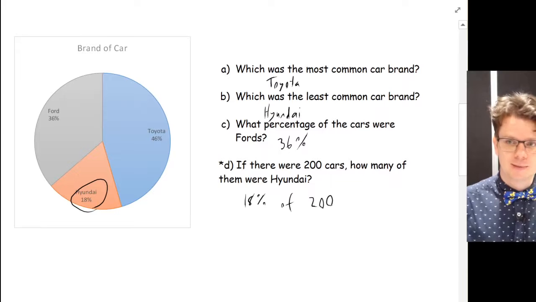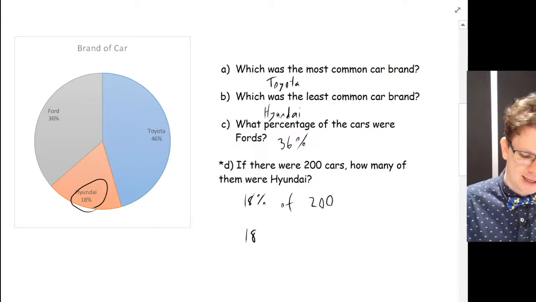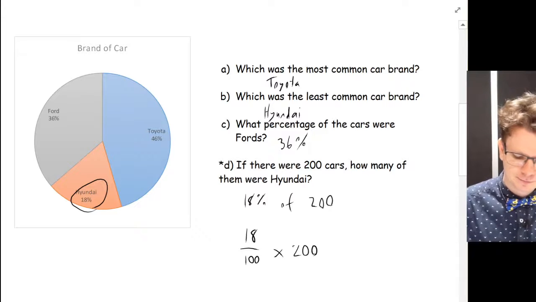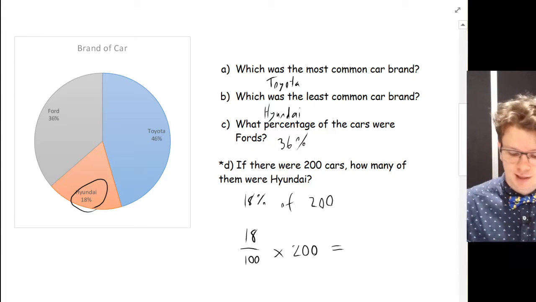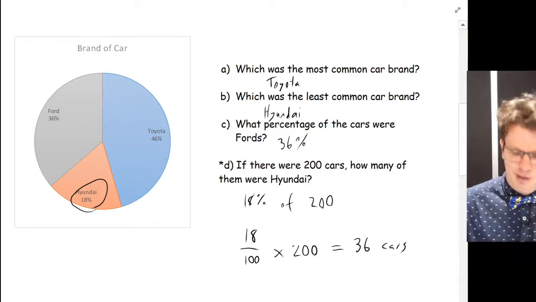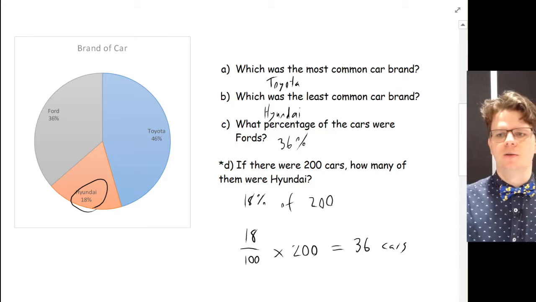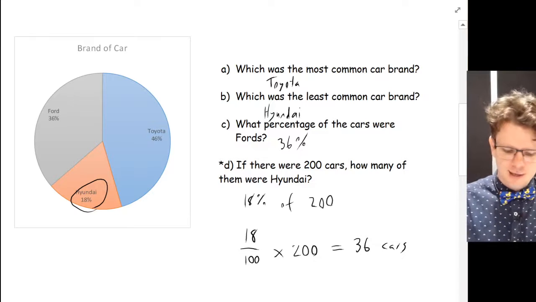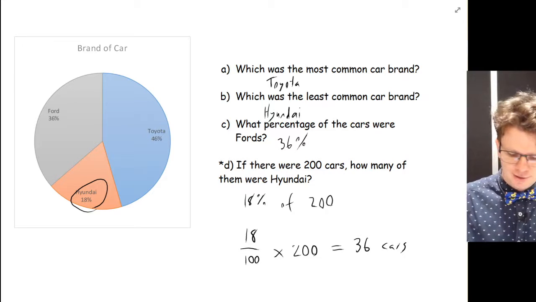Because to do 18% of 200, well, that's 18 over 100 times 200. And that means the number of cars is going to be 36 cars were Hyundais.